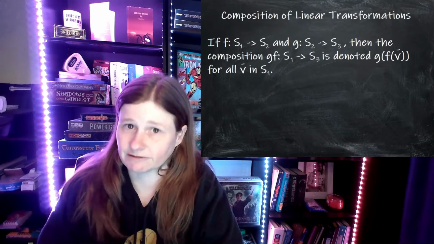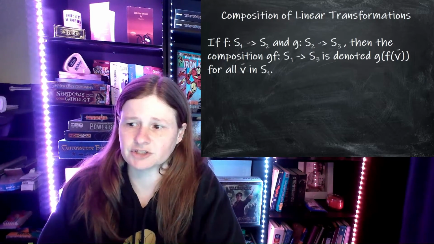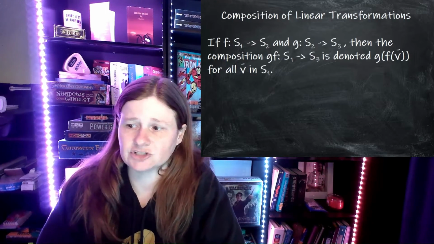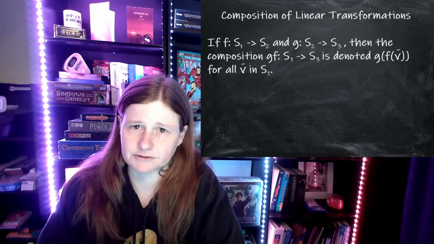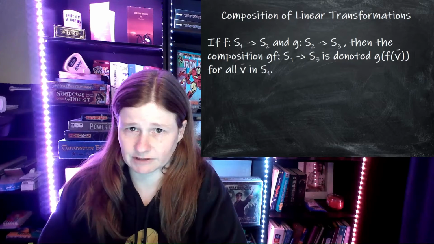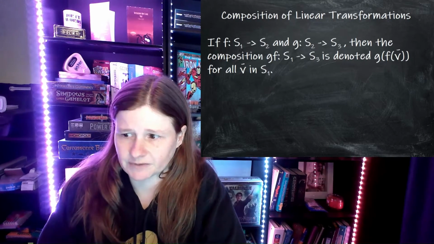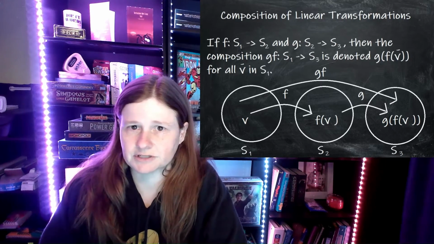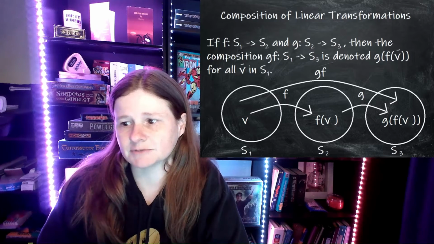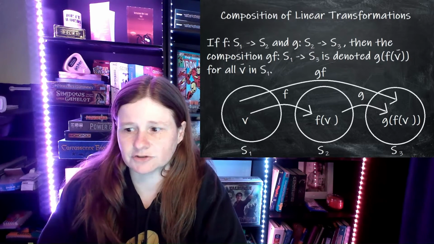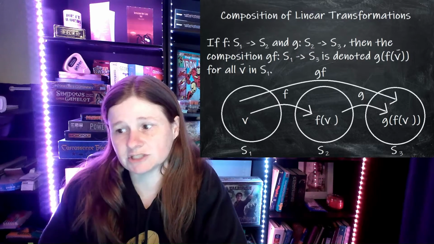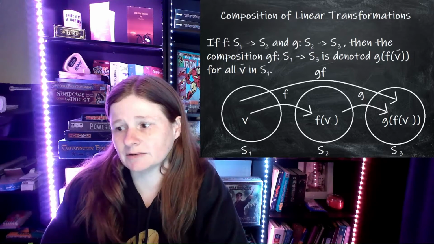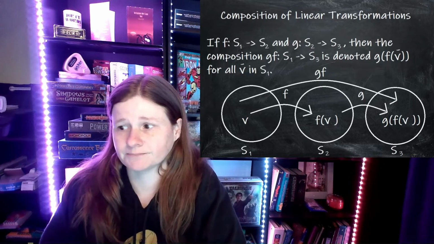We'll call it G of F, and that would be a transformation that would go from S1 all the way to S3, and we would denote that as G of F of V, for all vectors in our original domain of S1. Essentially, we're just doing them both at the same time. So instead of having a transformation of F and then a transformation of G, we just call it the transformation G of F. And we start in the domain of S1, and we map to the codomain of S3.